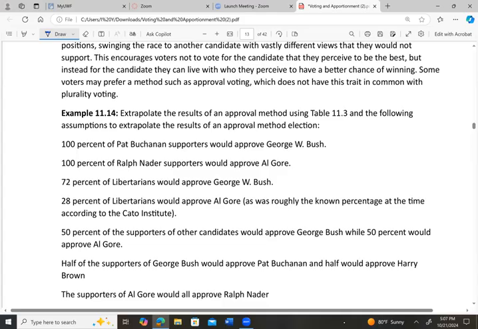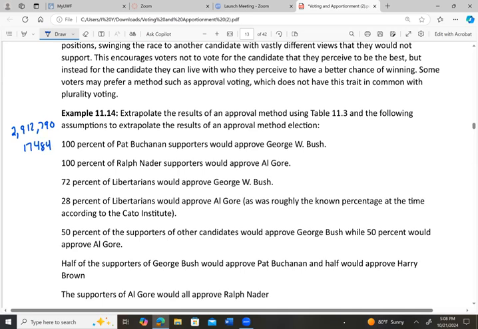So Bush starts out with 2,912,790. And he's going to get all of Pat Buchanan's supporters. So Pat Buchanan, 17,484.